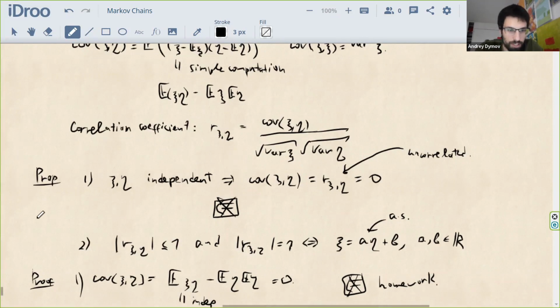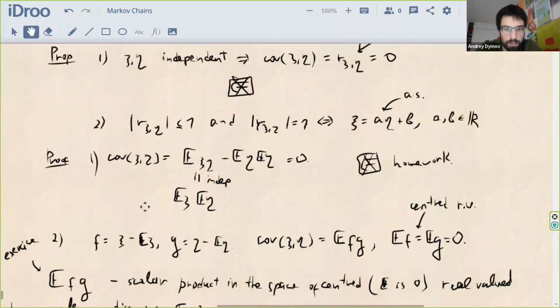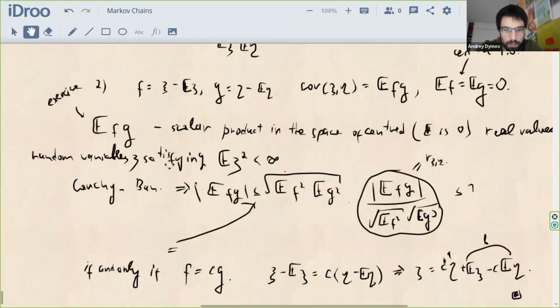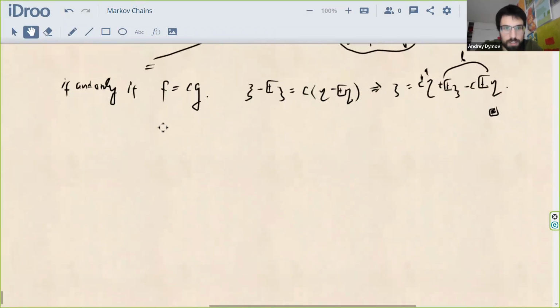And this proposition just shows you how the correlation is related to the property of independence. Okay, any questions or comments?